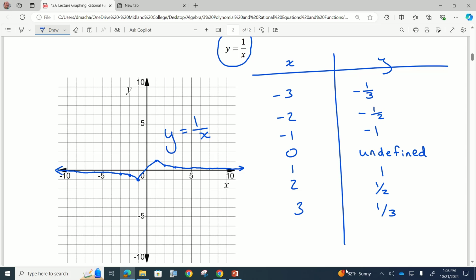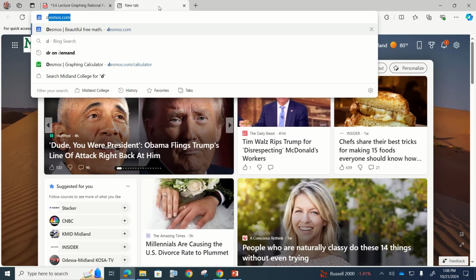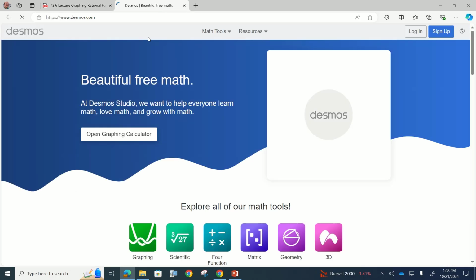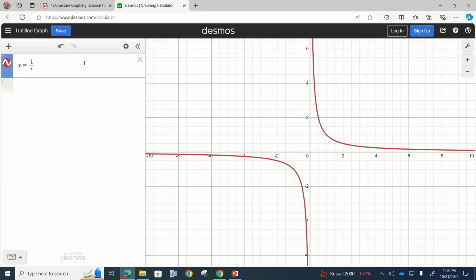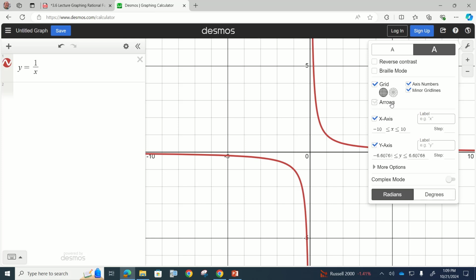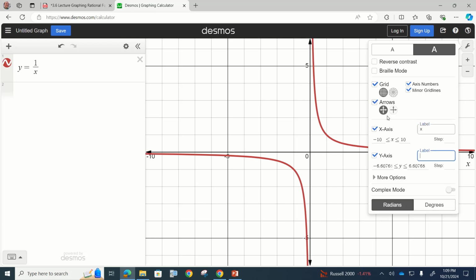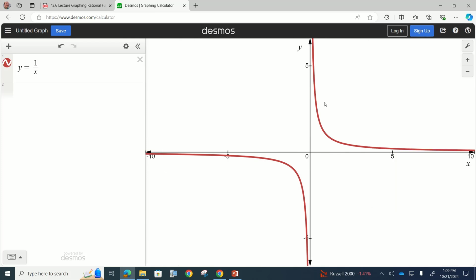But in this case, it's really not. I'll show you what y equals 1 over x is supposed to look like. And if we had graphed this correctly, 1 over x is supposed to look like this.